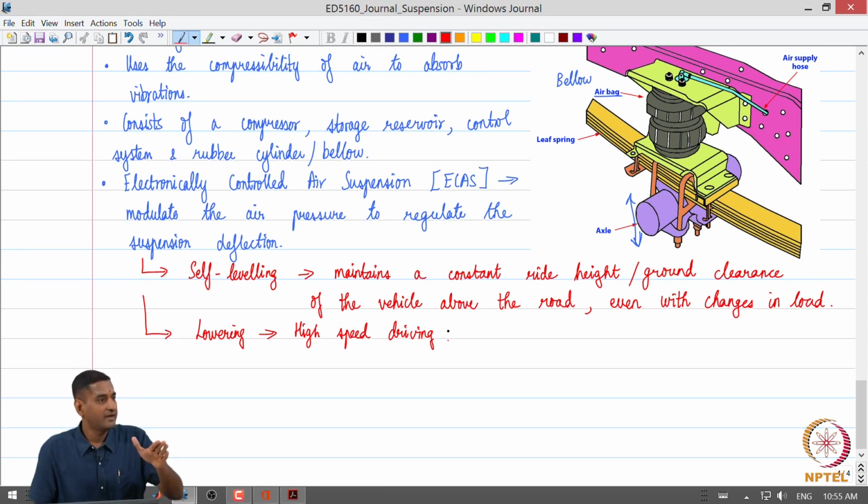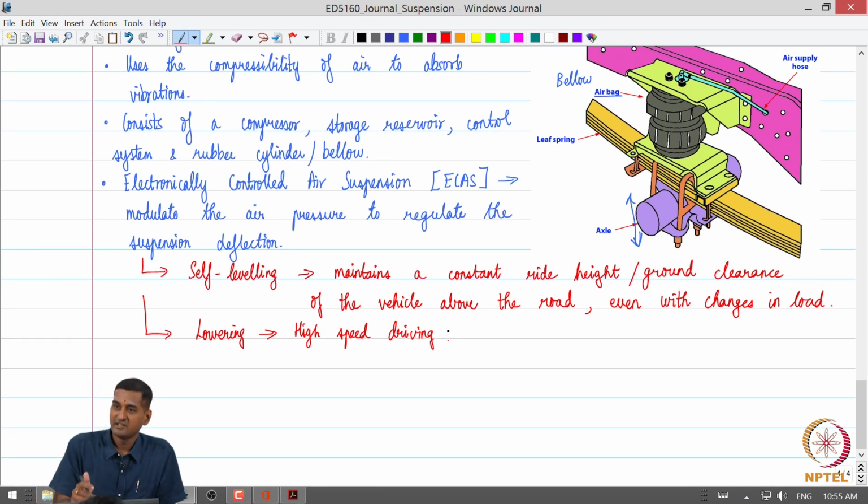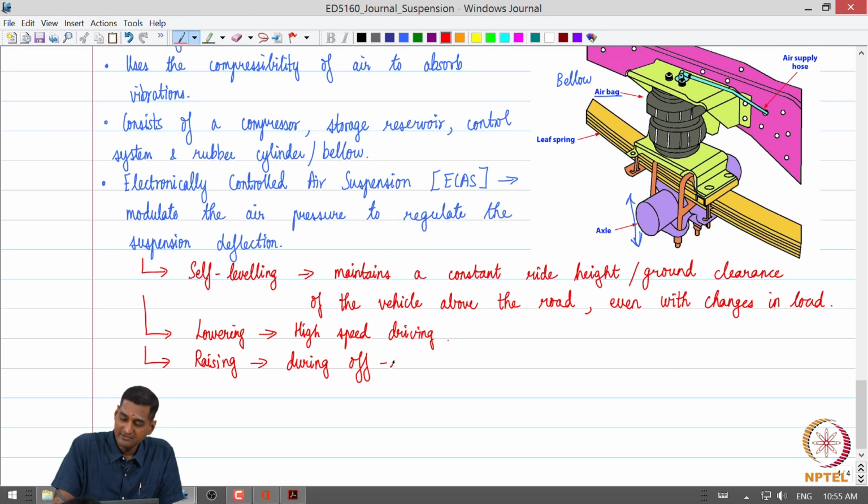Because as we know, when we corner, there is going to be significant roll, and reducing the height lowers the CG location also. That will result in better roll stability.